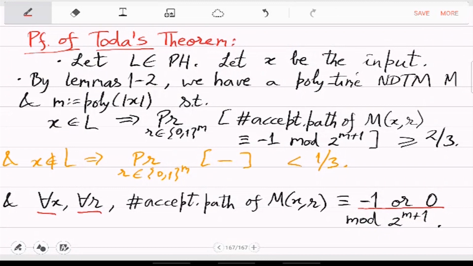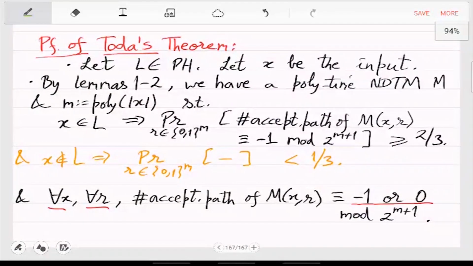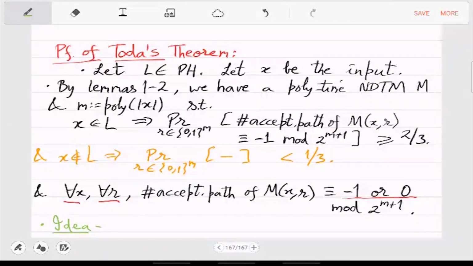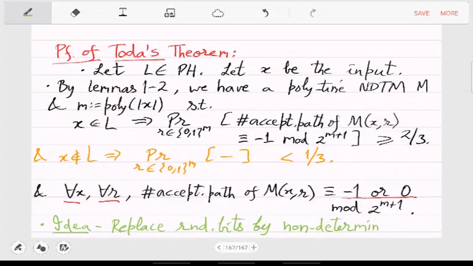Okay. Now let us modify the NDTM. The de-randomization idea here is to replace the random bits by non-deterministic bits.